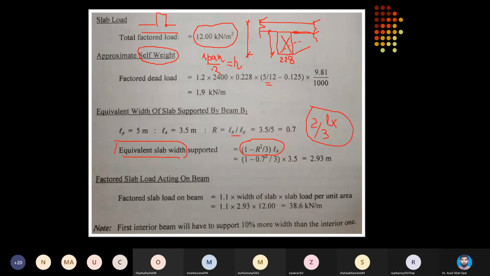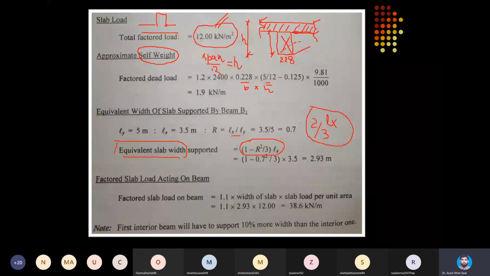So what is done? Cross-sectional area of the beam will be B into H, which is span by 12. But in this span by 12, when I determine H, it will also include the slab thickness, which has already been considered in the 12 kilonewton per meter square.